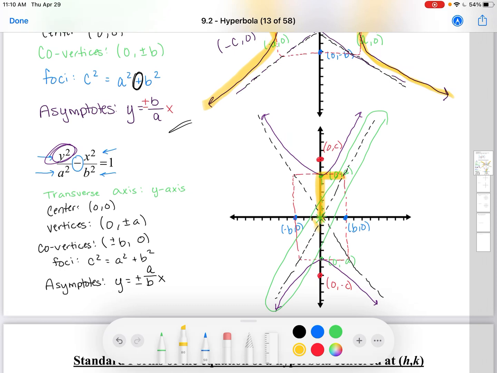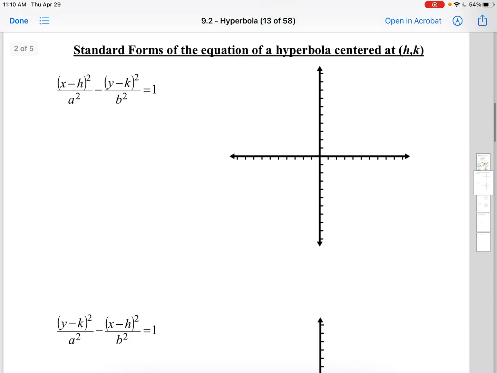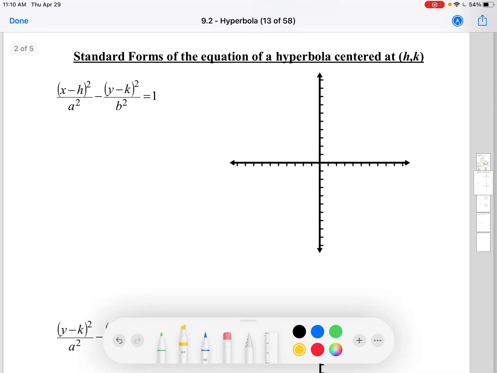So let's go ahead and take a look. What if we introduced a shifting point? What if we introduced h's and k's? And this is honestly the same exact idea as the ellipses. The only difference is we now have a subtraction sign separating the two fractions.